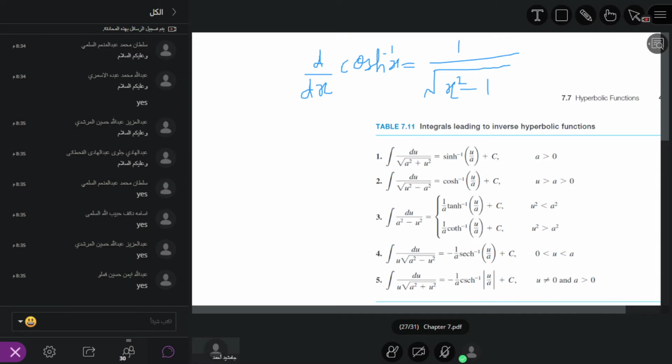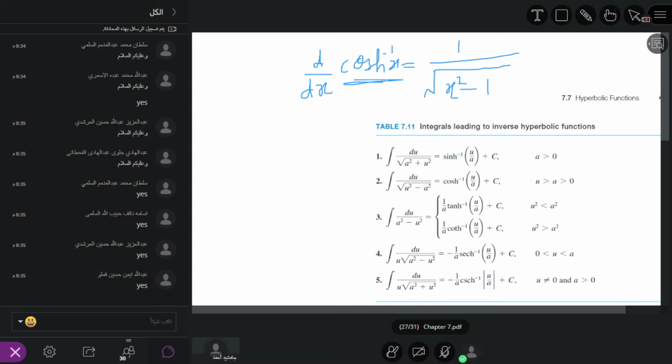If we take a equal to 1, we get the above. It means the integral of 1 over square root of x square minus 1 is equal to cosine hyperbolic inverse x plus constant, by the concept of the antiderivative method.